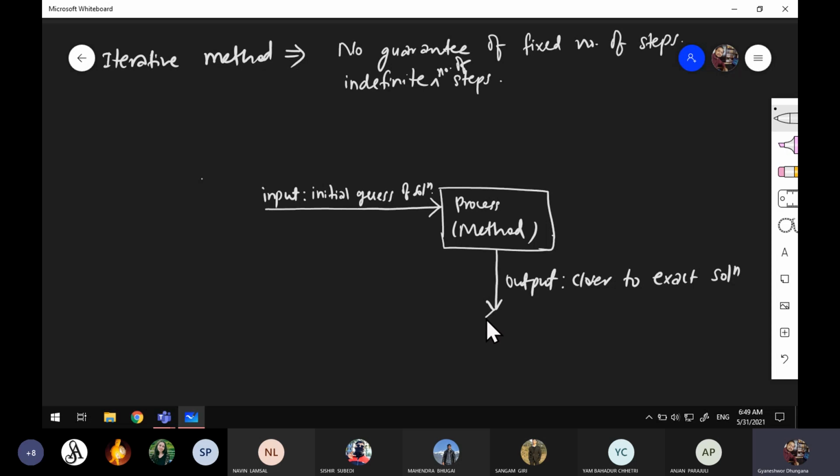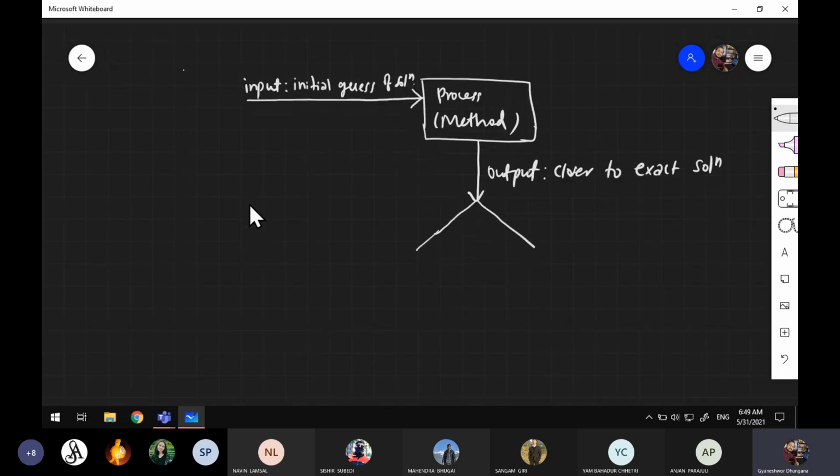And here, after getting the output, we will decide whether we have to go for another looping or not. That means if we go for another looping, we will give this output as new input.